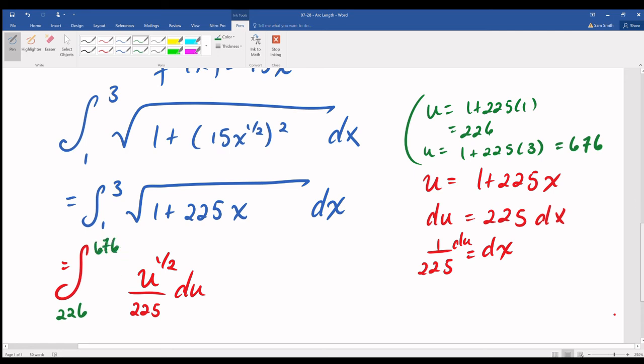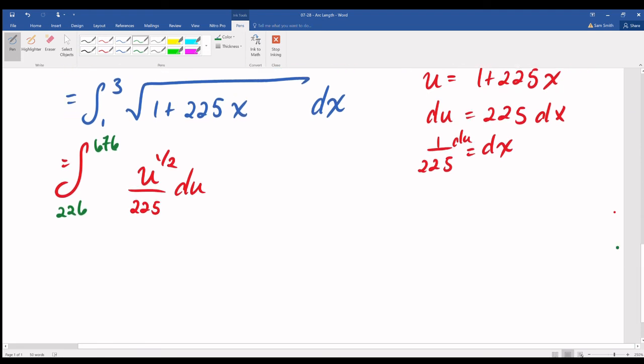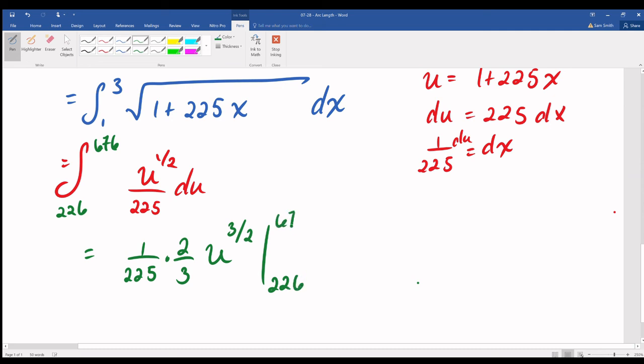And now let's go ahead and find this antiderivative. 1 over 225 is unaffected by the constant multiple rule. Increase the power by 1, bring it up to 3/2. Then divide by the power of 3/2 to counteract that power rule in reverse, and take the difference from the lower limit to the upper limit.